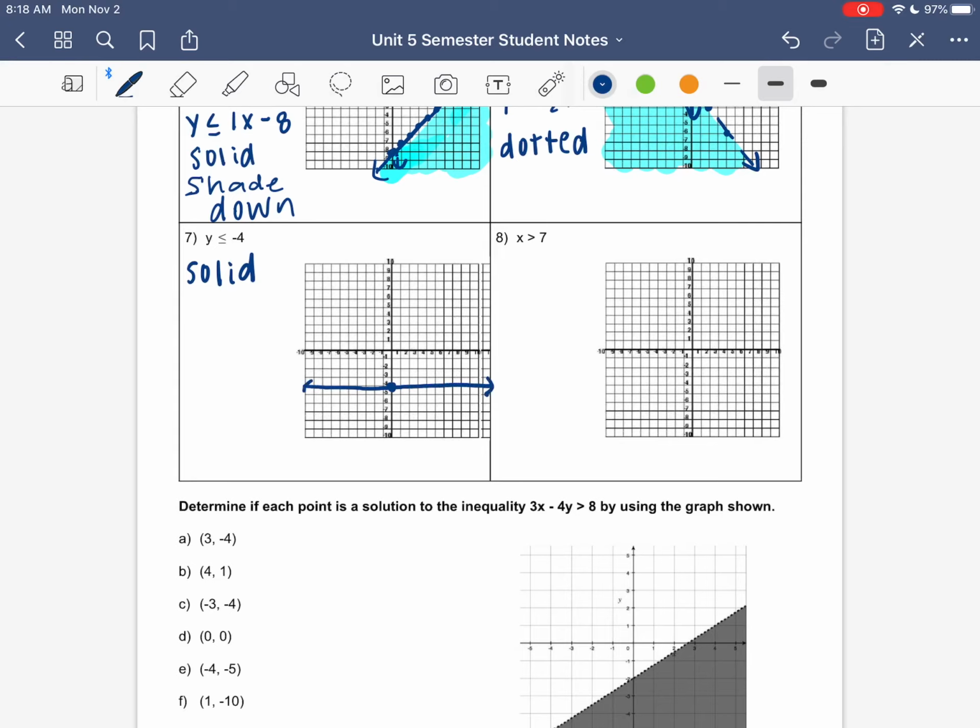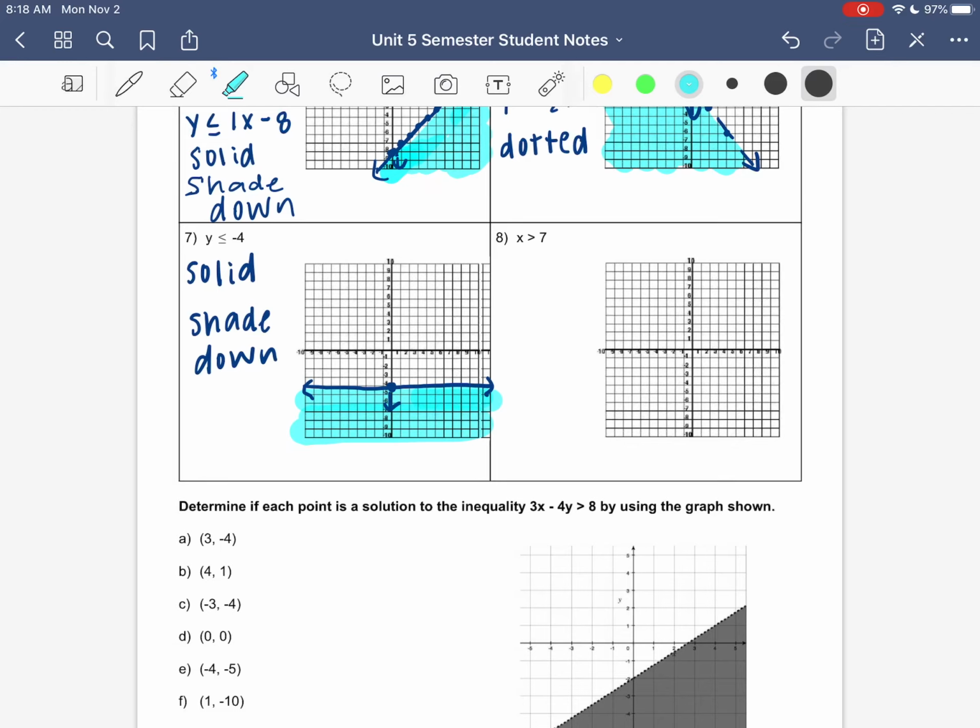So I've got this solid line at negative 4. And then it does say less than, so we need to shade down or below the line. So shading below that line, it's pretty clear when it's a sideways line. We're going to shade this part. So anything on that line or below it has a y that is less than or equal to negative 4.